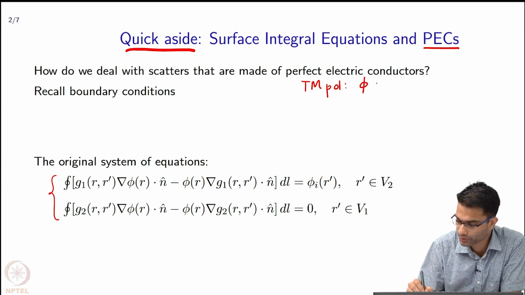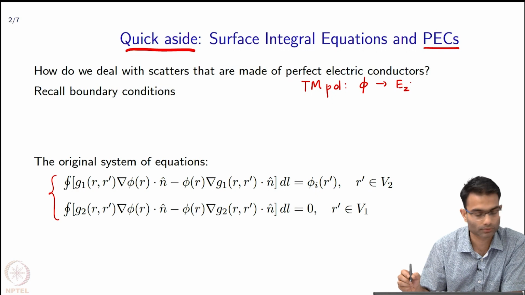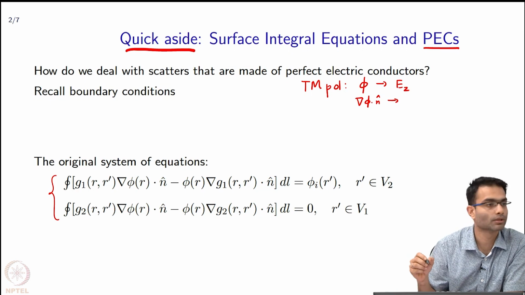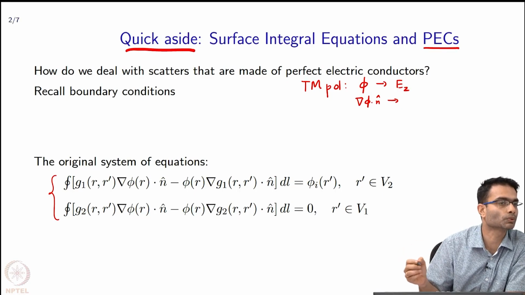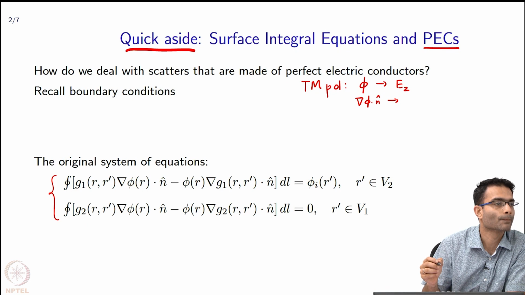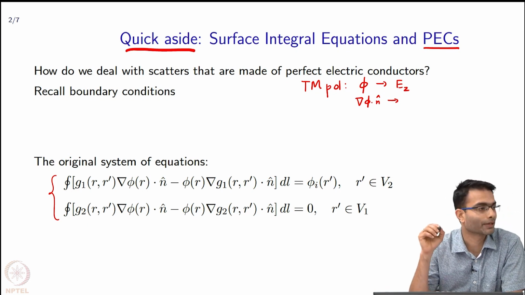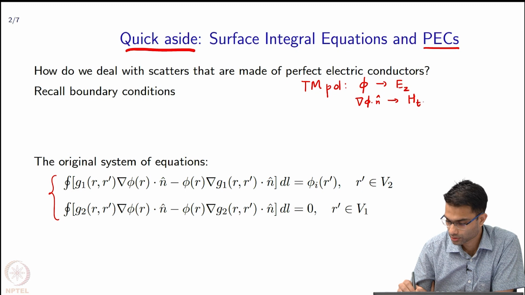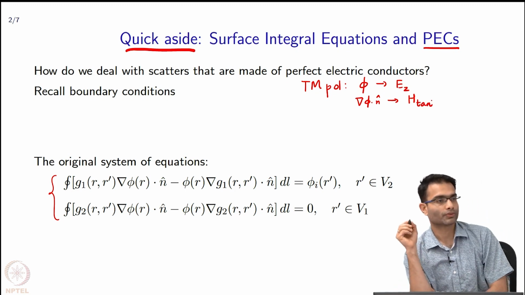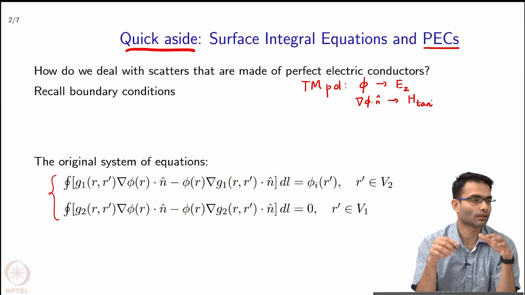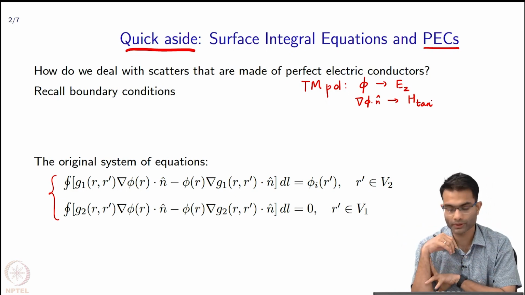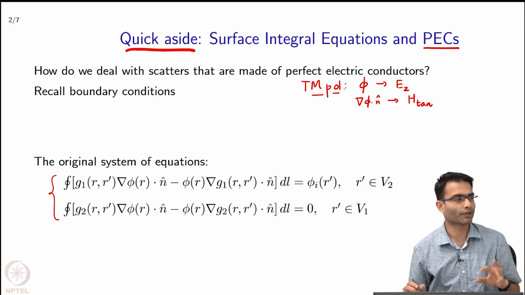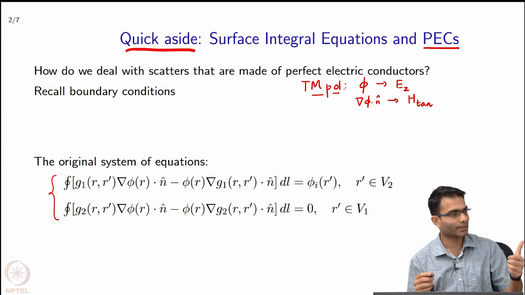Particularly phi was E, the z component, and grad phi dot n hat, we had worked it out, it was proportional to the H tangential on the surface. So, we had interpreted these equations as a sort of a linear combination of the tangential electric and magnetic fields. This was in TM polarization. Similarly, for TE polarization, you would get E tangential and Hz.